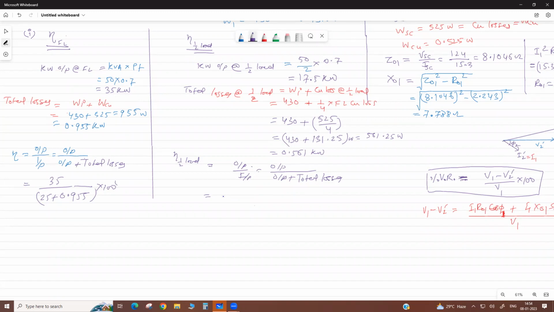This is 17.5 kilowatt divided by 17.5 plus total losses of 0.561, into 100.